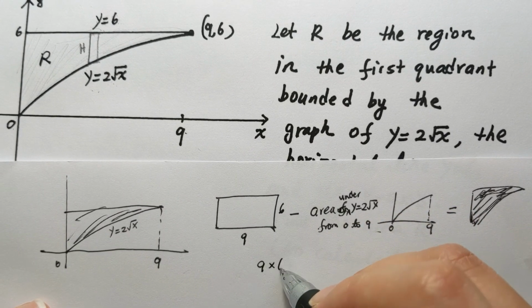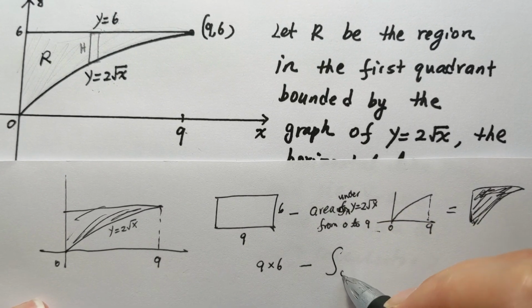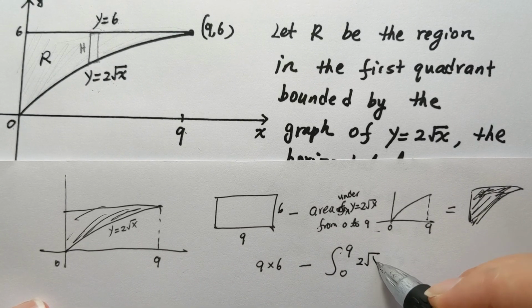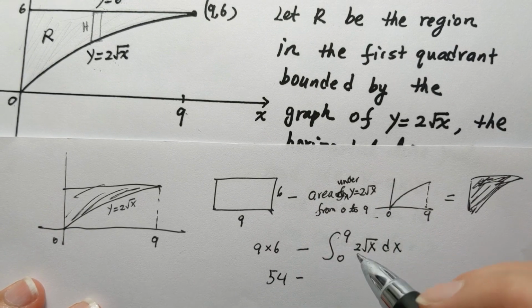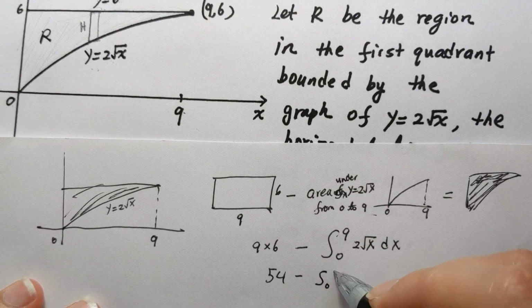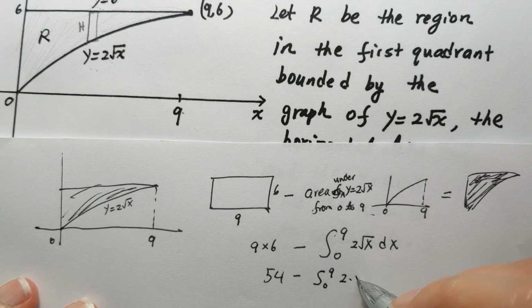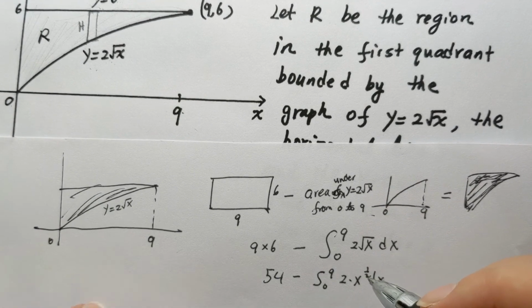So now this is 9 and this is 6. So 9 times 6 minus the integral from 0 to 9 of 2 square root x dx. So you get 54 minus the integral from 0 to 9 of 2 times x to the half dx.